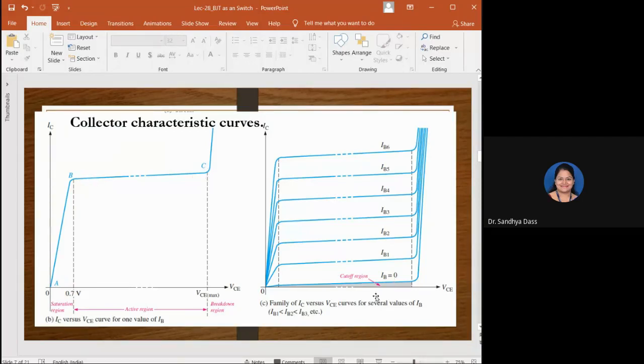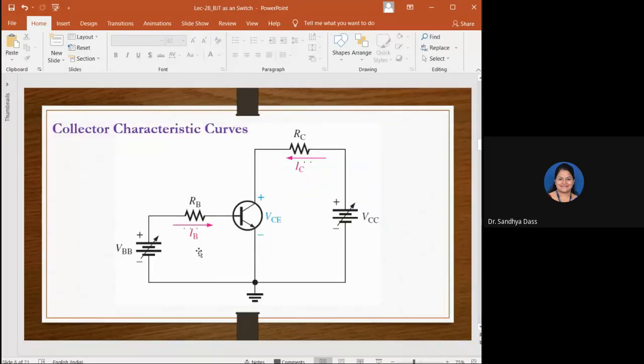And coming to the cutoff region, both the base emitter junction and base collector junction are reverse biased. Observe here, the base current is 0. If base current is 0, the base emitter junction is reverse biased and the base collector junction is also reverse biased.